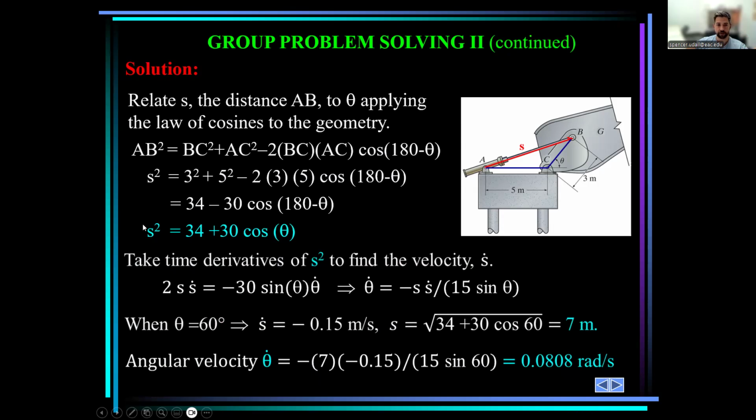So perfect. Plug in 60 degrees here, solve for s, you get exactly 7 meters. Nice. Now we've got everything we need. Plug in theta, s dot, and s into that equation, and we've got 0.0808 radians per second. And that's all there is to it with that one.